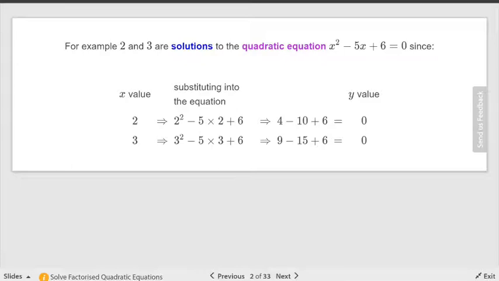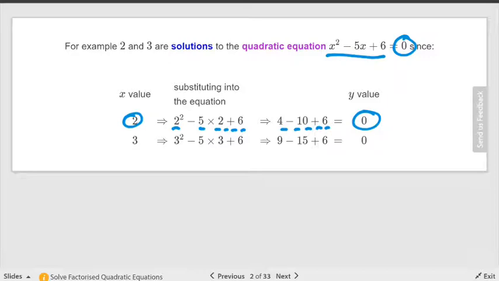All right, here we go. For example, 2 and 3. So for example, here, 2 and 3 are solutions to the quadratic equation, because if you plugged in 2 into the equation, you would get y equals 0, right? Which is what it says. It says all of this stuff has to equal what? 0. So if you plug in a 2 everywhere there's an x, and you work it all out, what do you get? 0. That's how you can check to see if a solution is a solution. You don't need to.